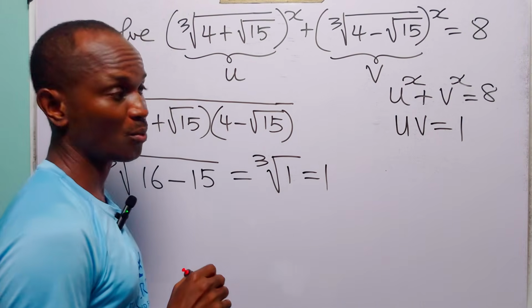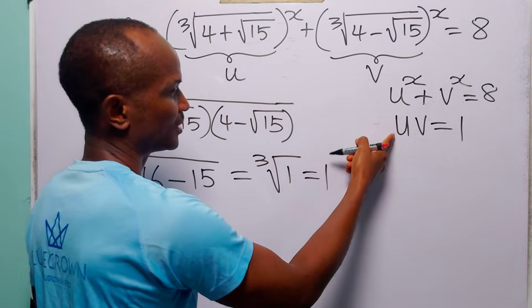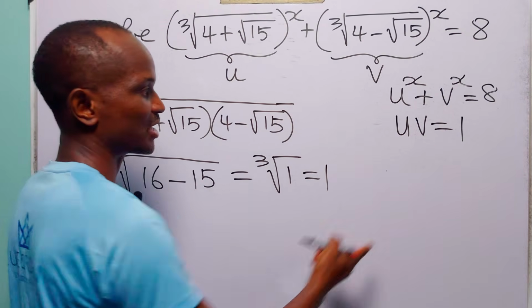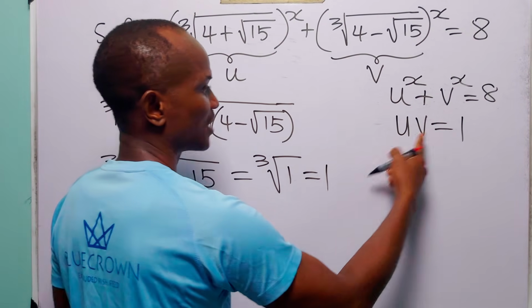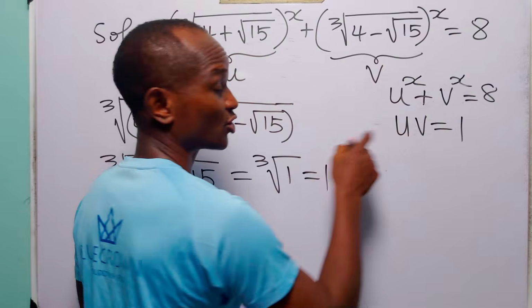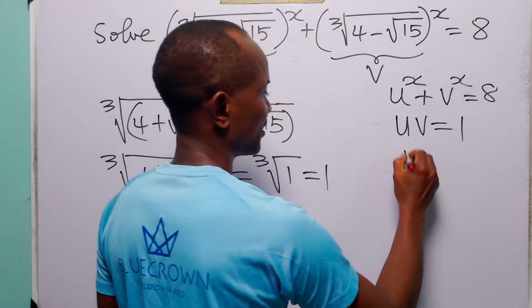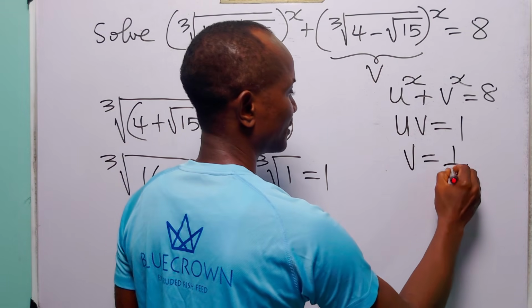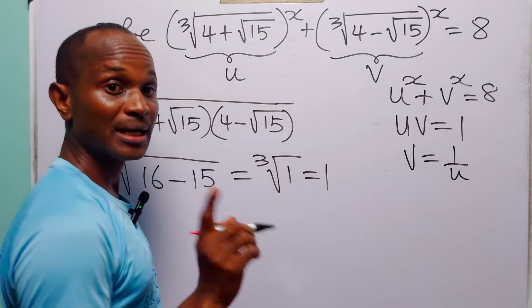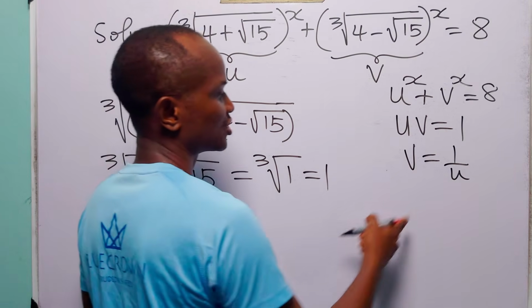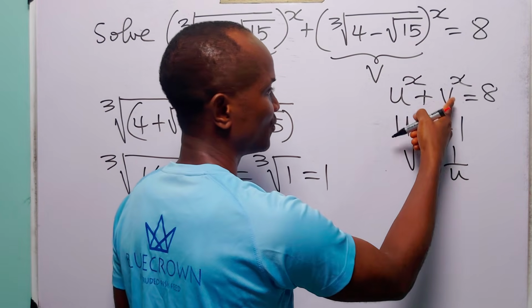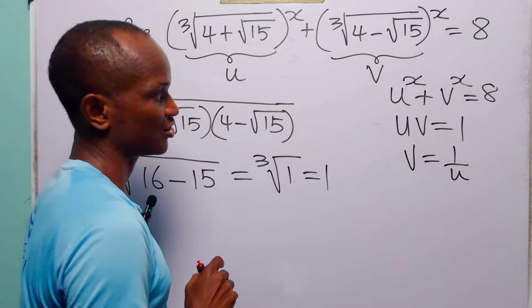Now from the second equation, we can get an expression for v, because when we divide both sides of this equation by u, we have that v is equal to 1 over u. Now what we are going to do is substitute 1 over u for v in this first equation.